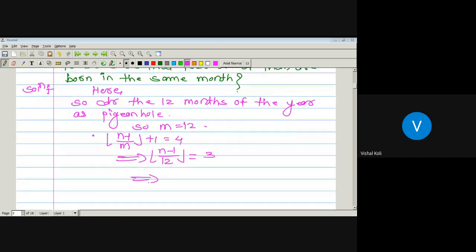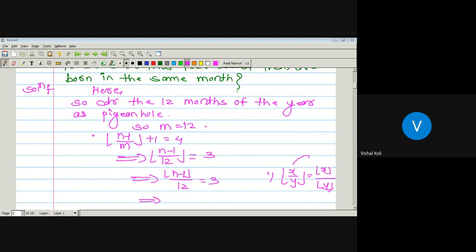As we know, the greatest integer value of x divided by y is the greatest integer value of x divided by the greatest integer value of y, true if x and y are integers. n is an integer, so obviously n minus 1 is an integer. So it is nothing but (n minus 1) divided by 12, and the greatest integer value of 12 is 12 only. That is equal to 3.